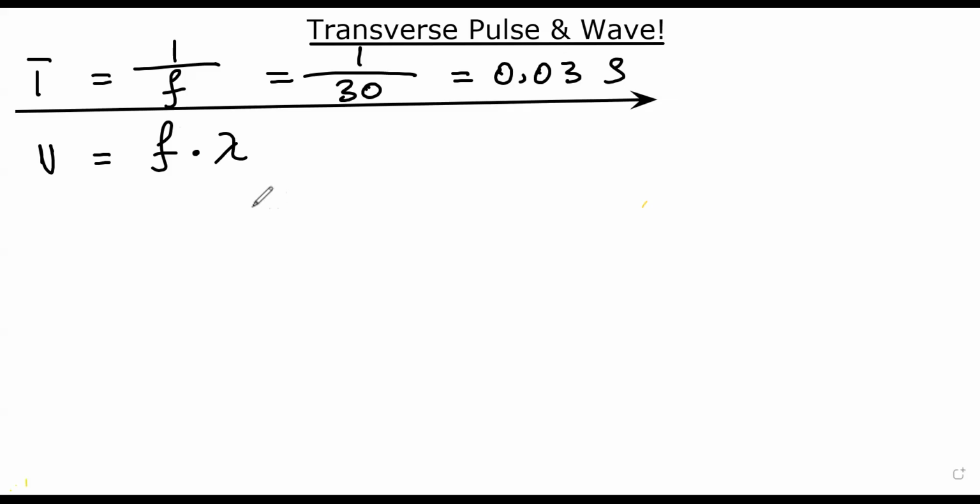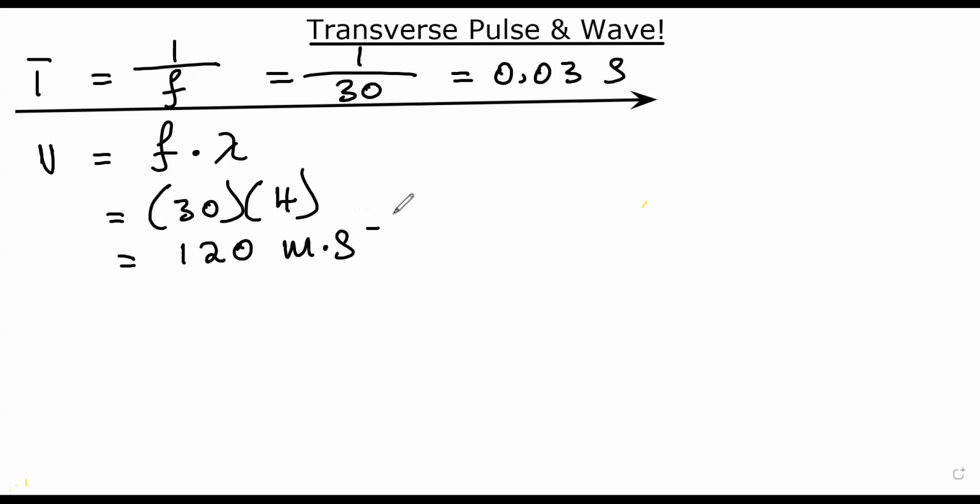The frequency is given to us as 30 hertz and the wavelength as 4 meters. So 30 times 4 is 120. So the speed of this wave will simply be 120 meters per second.